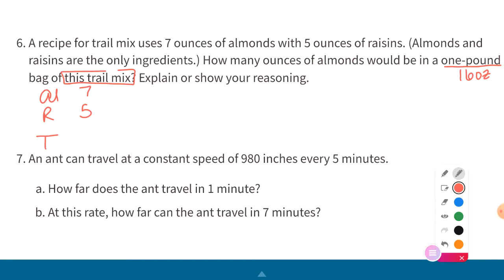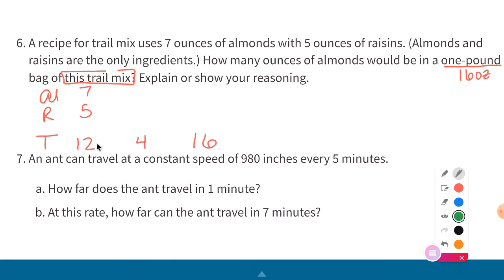So I have to get my total to 16. What is my current total of the ratio? 12. Can I easily get from 12 to 16? No. Where could I go first, Leo? Could divide it by 3 to get 4. Okay, so if I can get to 4, then I can get to 16, correct?